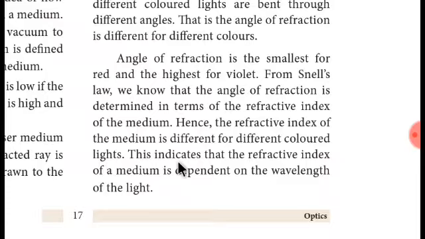Sin i by sin r is equal to mu 2 by mu 1. Here i is the incident angle and r is the refracting angle. So the refracting angle is dependent on the refractive index of the media. You're getting it now?